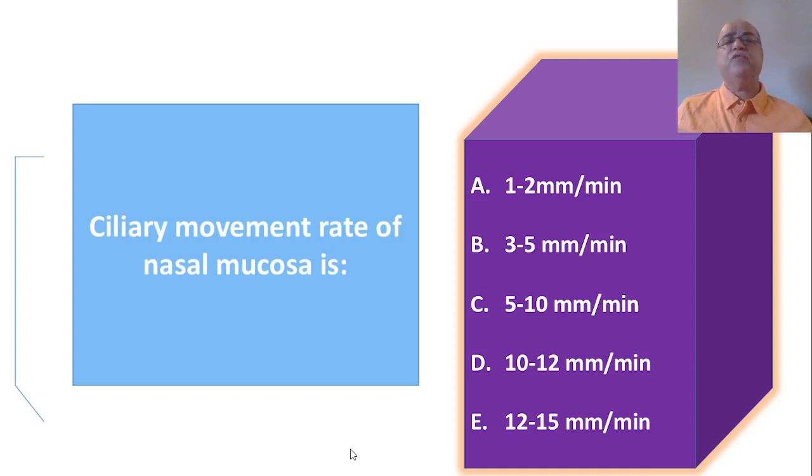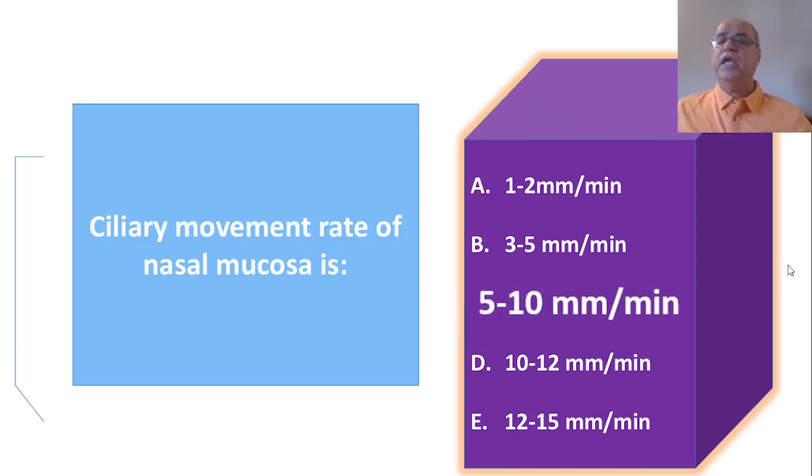Ciliary movement rate of nasal mucosa is, in mucociliary mechanism of the nasal mucosa, the cilia beat constantly at a speed of 5 to 10 millimeter per minute, and they are in contact with the serous layer of the mucus, which entraps the foreign bodies, allergens, and carries them to the nasopharynx.